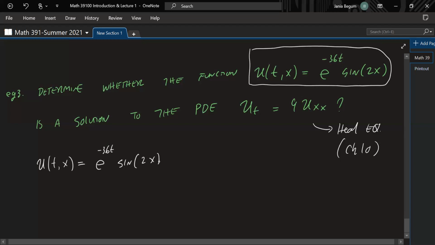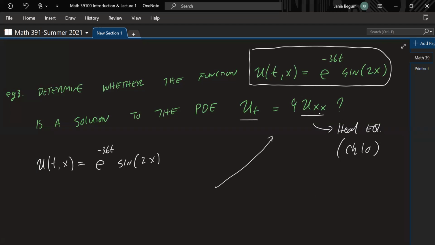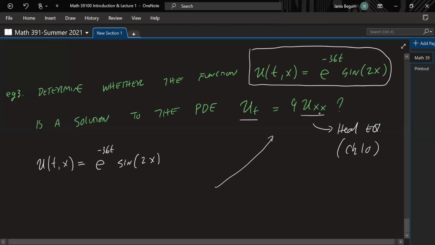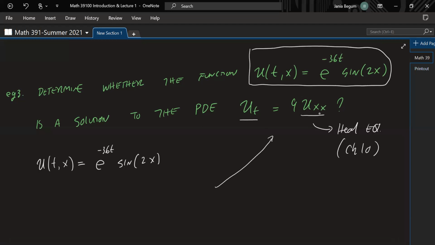Now, I want to determine if this function is a solution to this piece right here. Well, that piece involves a partial with respect to t and a second partial with respect to x. So that means I need to compute those partial derivatives, and then I can plug everything in and do some algebraic work and determine if both sides are equal. So that's the idea with this.